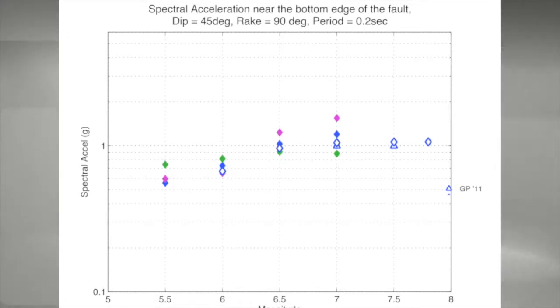In what we just recently ran, I think we ran it at 23.8 kilometers. Again, you're getting a slight difference in the spectral acceleration just by modifying the width and looking at the station right over the down dip width. So it actually does make a difference what the width is.